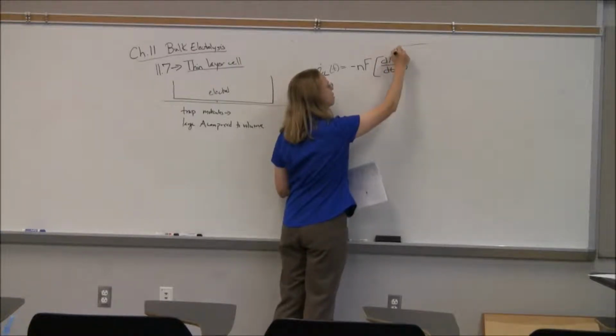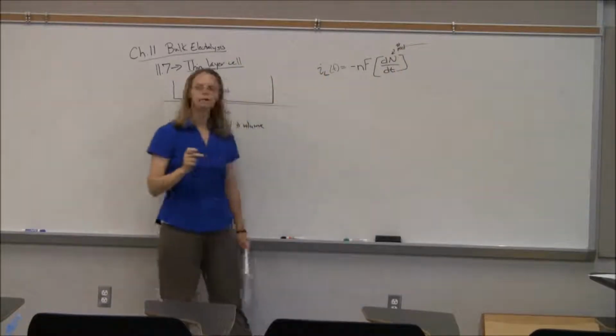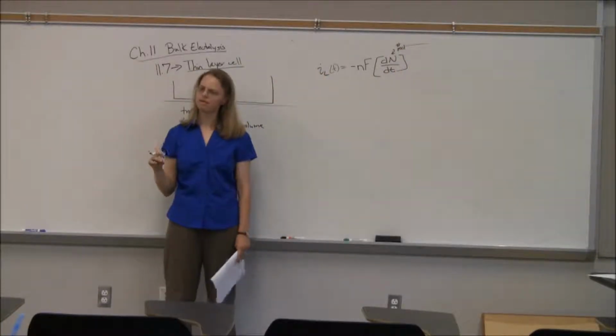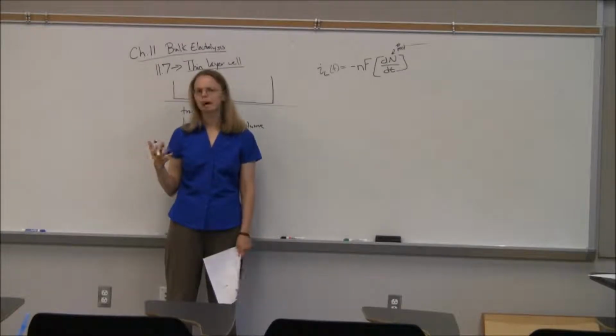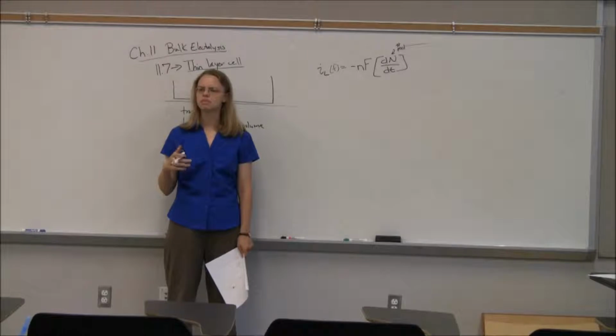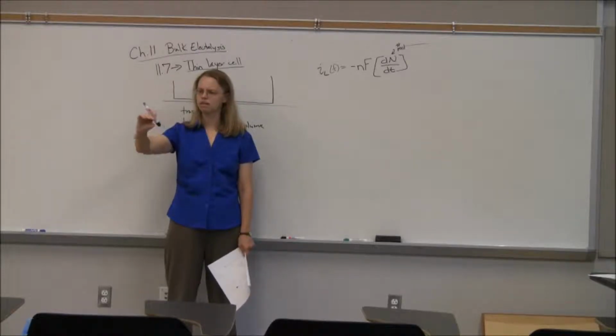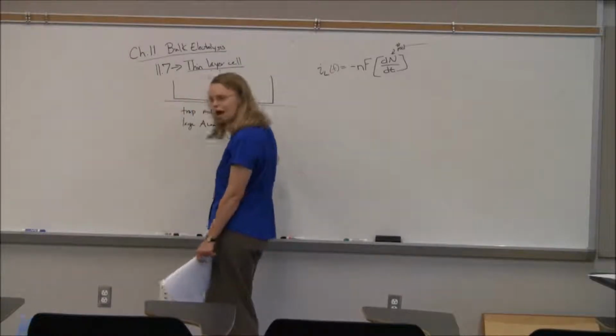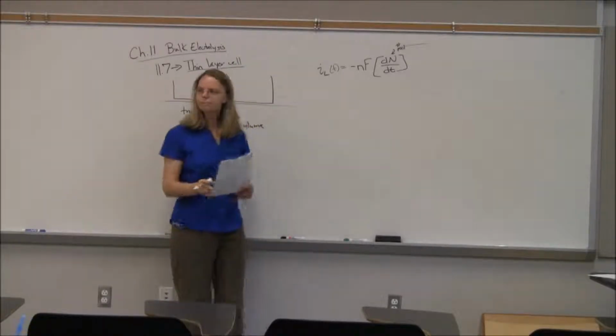So big N, I've got this number of moles, so that's the number of moles that we're consuming. That makes sense: how much current I'm getting is a flux, how much gets to the electrode. In this case, we're not so worried about the area of the electrode. I'm more worried about how many molecules I trapped in my little cell.